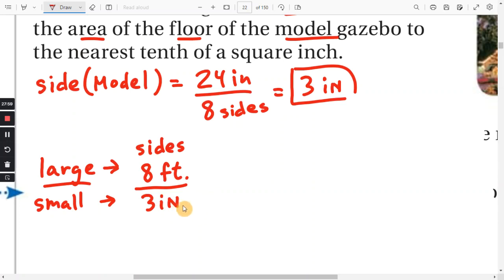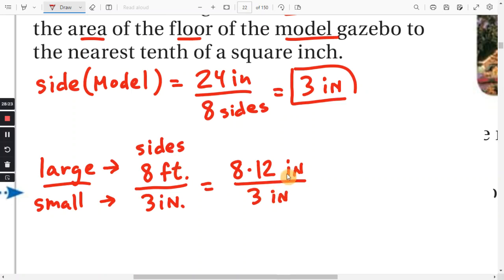All right, so first of all, we need to convert to have the units match. 8 feet, we know that each foot has 12 inches. So in the numerator, it's actually going to be 8 times 12 inches, and the denominator is just going to be 3 inches. Okay, so we have the ratio for the sides.